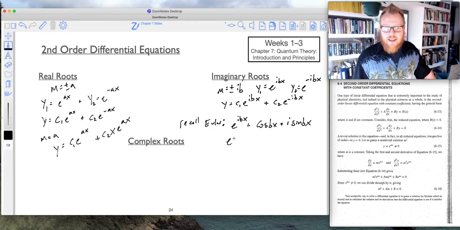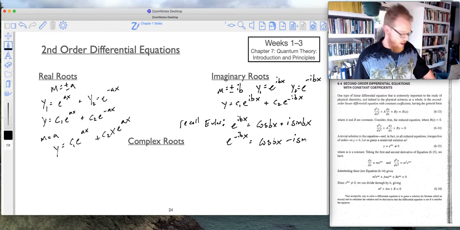If we have e to the negative ibx, this equals cosine bx minus i sine bx.